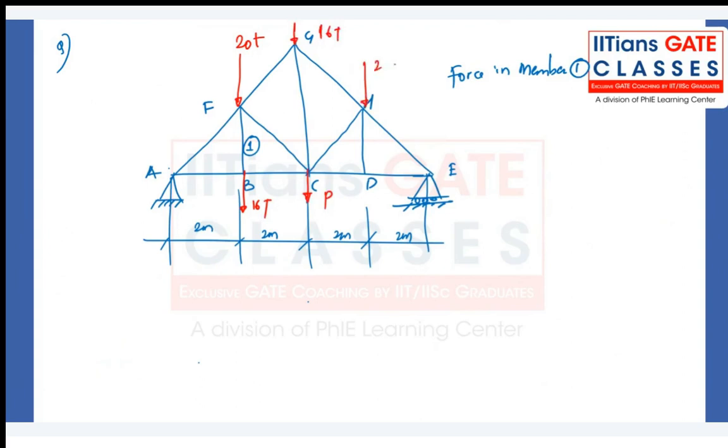Okay, and the options are 4 ton, 36 ton, 16 ton, 20 ton. And height is also 2 meters here.